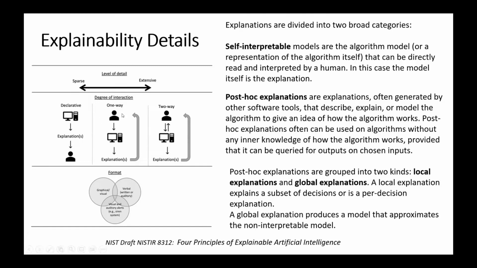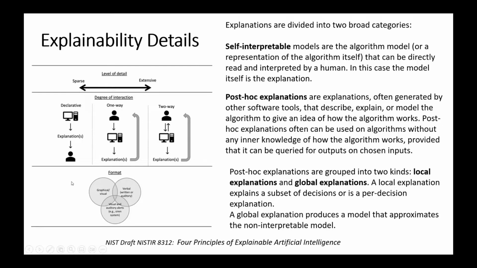So as we are seeing, even in explanatory details, there can be a declarative explanation, just inbuilt, and there may be a one-way explanation where there is some feedback, but that feedback may not be immediately available, but there is a corrective way of giving feedback. You can see this is a sparse way of explaining, and there is a more intensive way of explaining in an interactive environment.